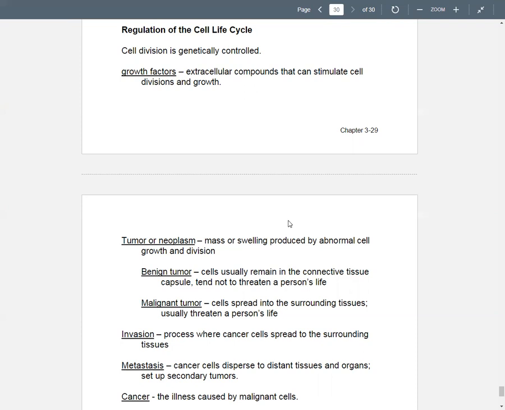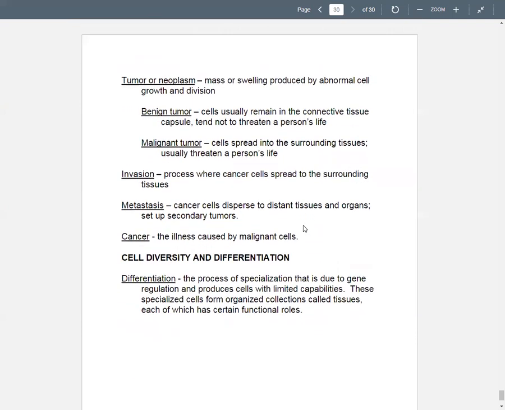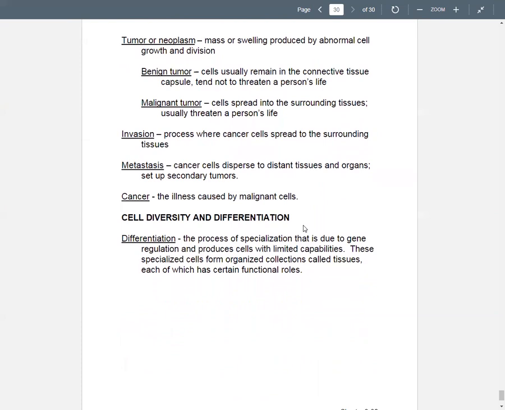Okay, so the process of spreading is invasion. The process of setting up shop somewhere else is metastasis. Okay, the illness that's caused by those malignant cells is the cancer. Okay, so just make sure you understand the difference between all those terms.